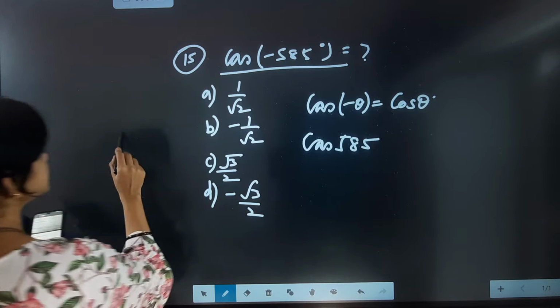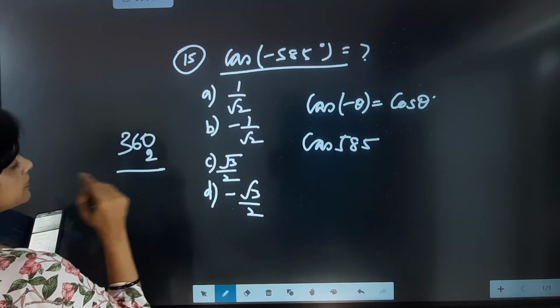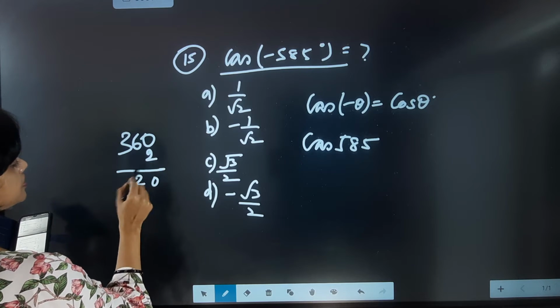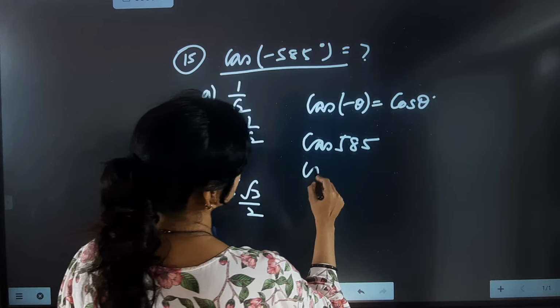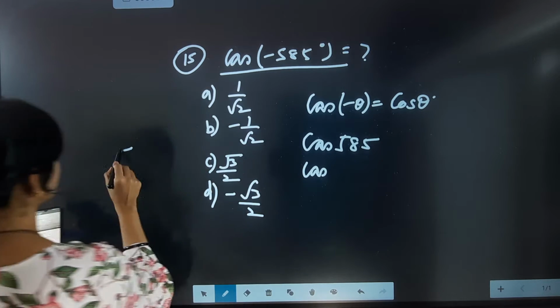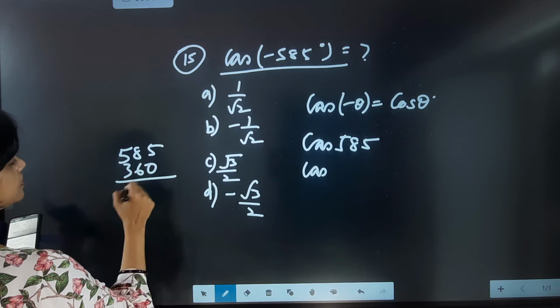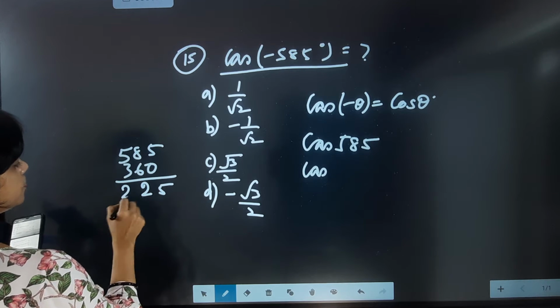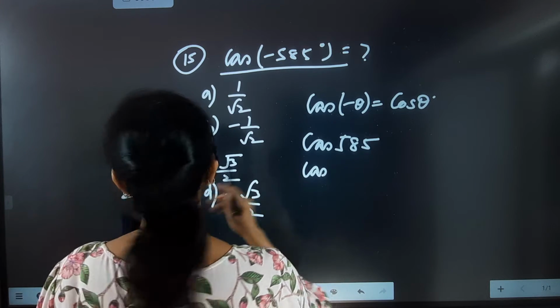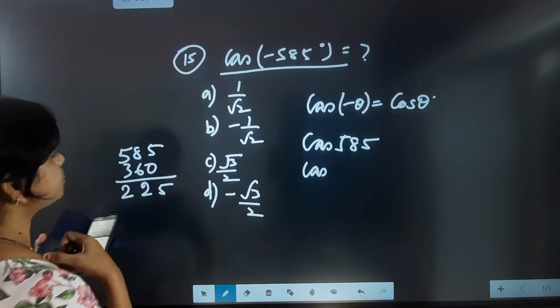Now 360 into 2 will become 720, which is more than 585. So shall we do one more thing?